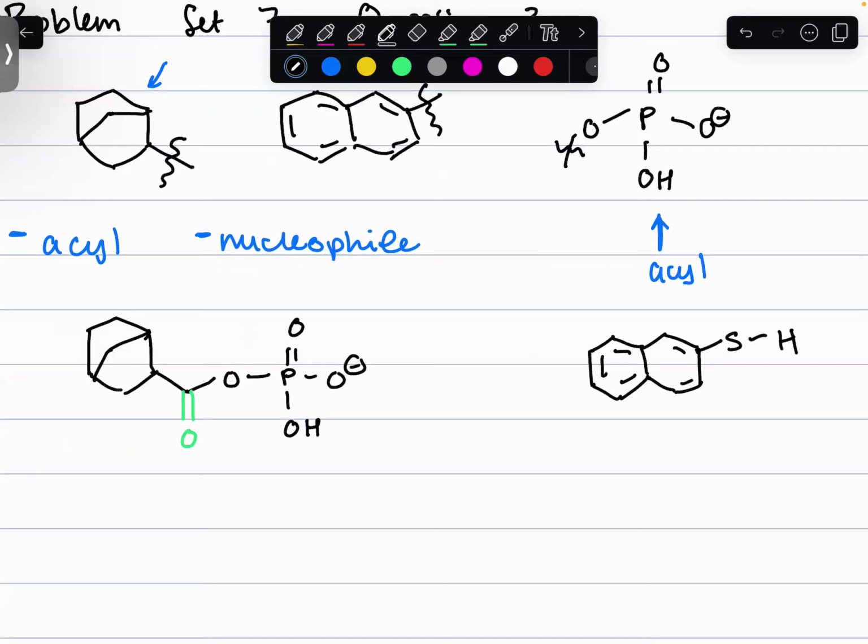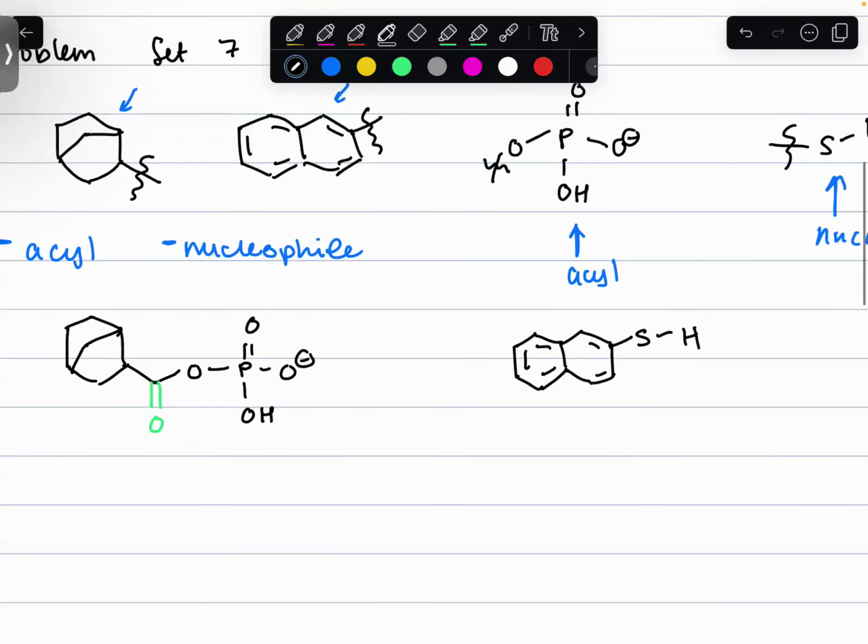These are the opposite connectivity than he did in the key, but they still work the same way. You can review this or you can review that, but they both work. Now I have my acyl and my nucleophile, and we can actually start doing the chemistry. The first thing we need to do is deprotonate our nucleophile so it's primed for doing chemistry. So we'll have some kind of base come in and deprotonate. That is going to give us the active form of our nucleophile.